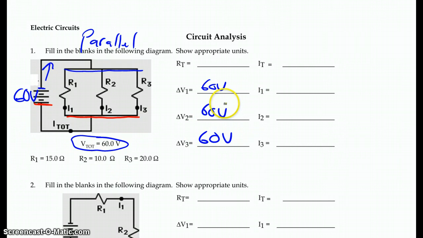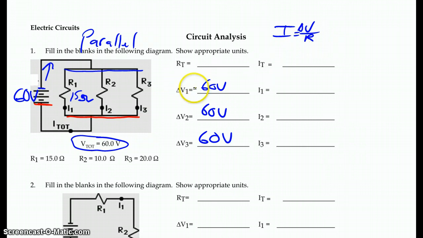Okay, now we know their resistance values. So this first one is 15. From that, we can always determine the individual currents, because we know that I is equal to delta V over R for any given resistor.